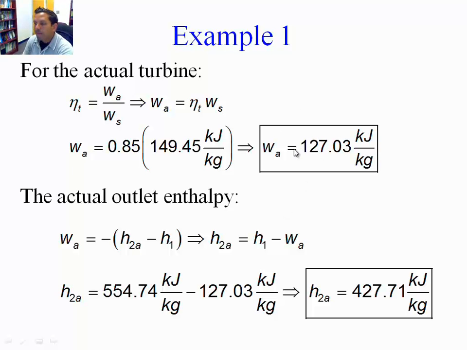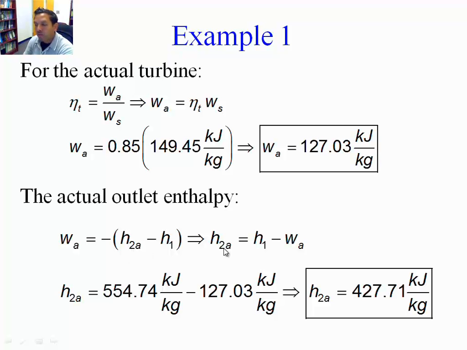Now, going back to the first law of thermodynamics, again, the work is equal to the negative of the change in entropy. Now we can use this new work. Notice that it's less than the ideal work, obviously, by 15%. And we can basically calculate the actual entropy at the outlet, actual instead of isentropic, or adiabatic instead of isentropic.